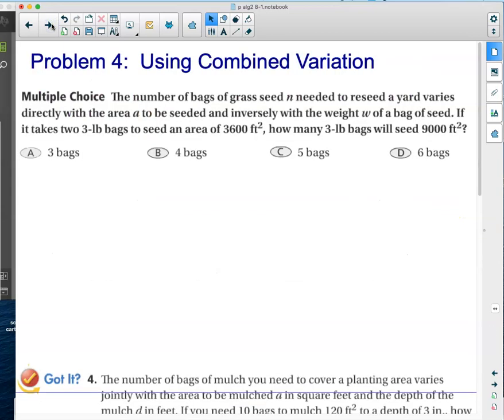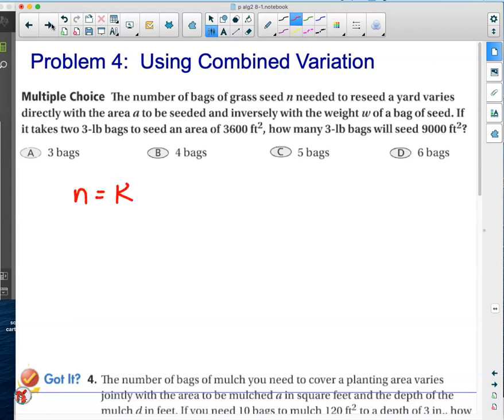So now, they're going to start giving us some word problem-y things. They are, but they aren't. We just have to watch out and remember, okay, if it says variation, I need a K. And then if it says inversely, I have to divide, but everything else is multiply. The number of bags of grass seed, N, needed to reseed a yard varies. Uh-oh, I'm going to stop right there.